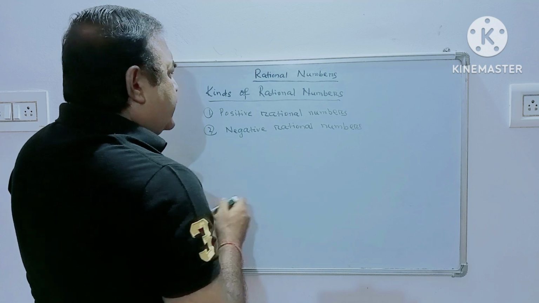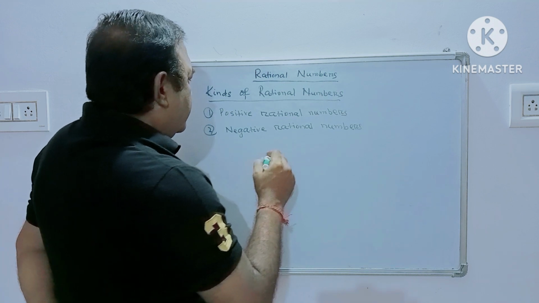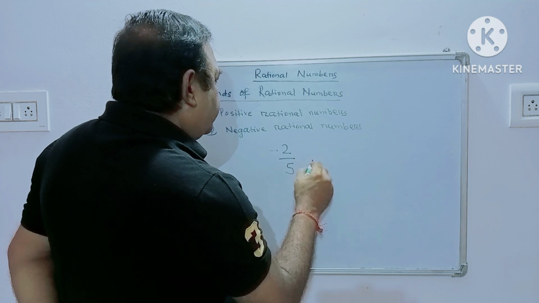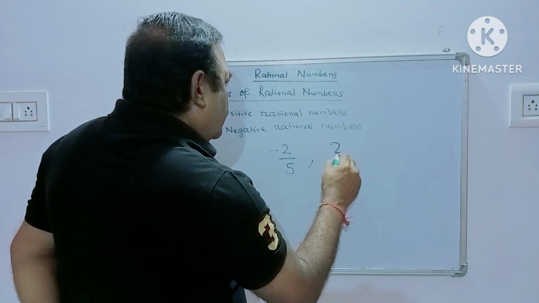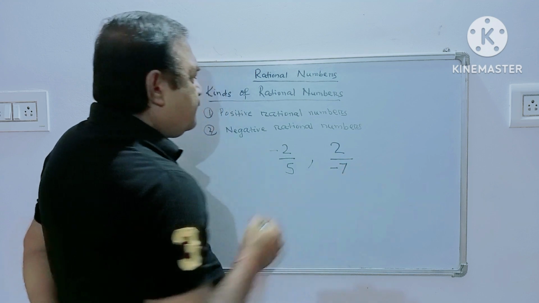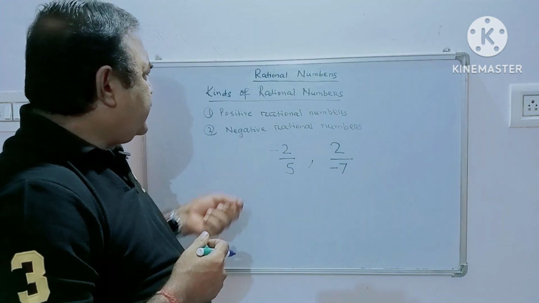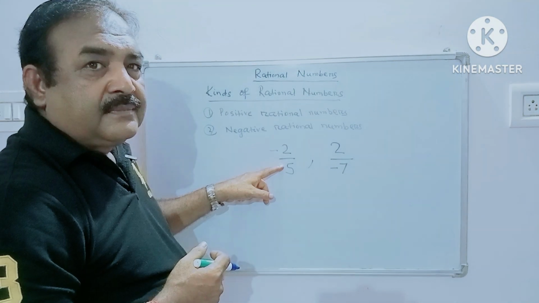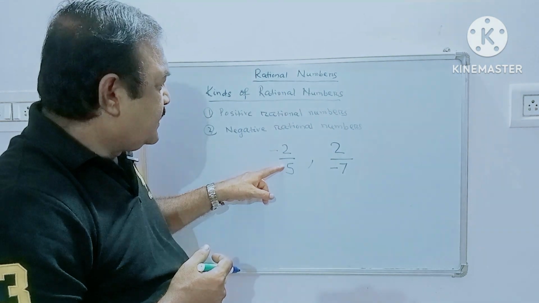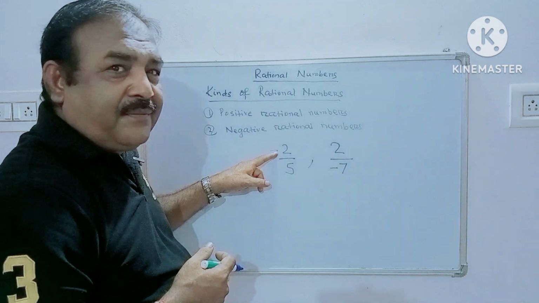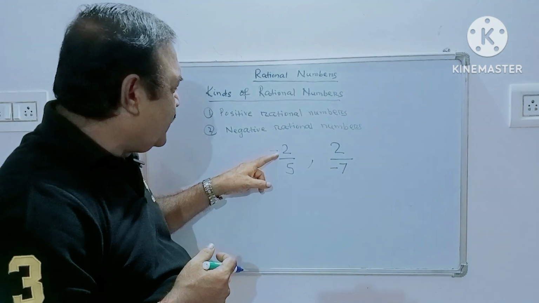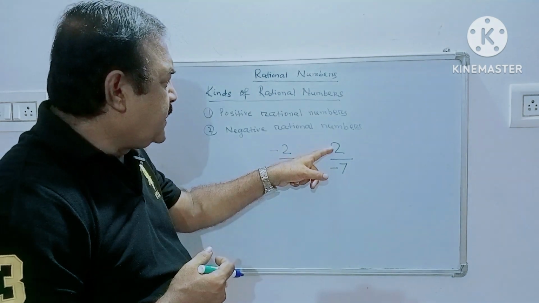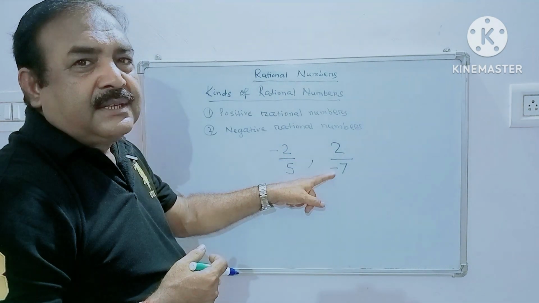Then come to negative rational numbers. Suppose minus 2 upon 5 or 2 upon minus 7. You see, the numerator and the denominator are such that when one is negative, the other one is positive. When the numerator is negative, the denominator is positive. When the numerator is positive, then the denominator is negative.